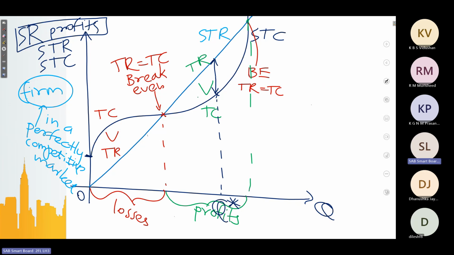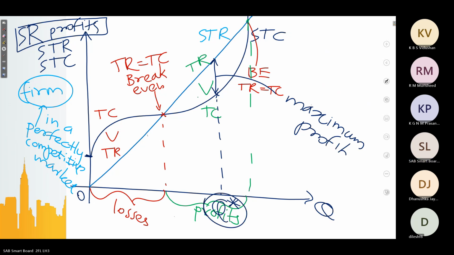This is the maximum profit. This is the profit maximizing output level. Before the profit maximizing output level, we still have profits, but not greater than this.